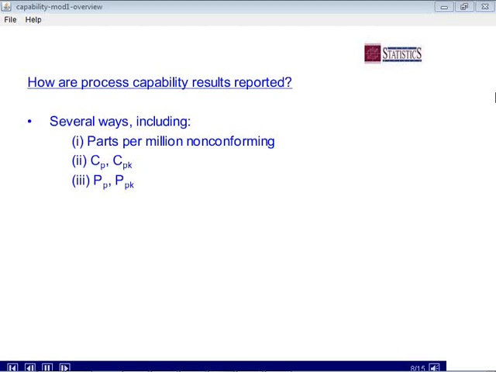So in the section where we deal with normally distributed data, we're going to be dealing with CP and CPK values in great detail. And I find that these are probably the ones that are most popular out there. Then there's P sub P and PPK.